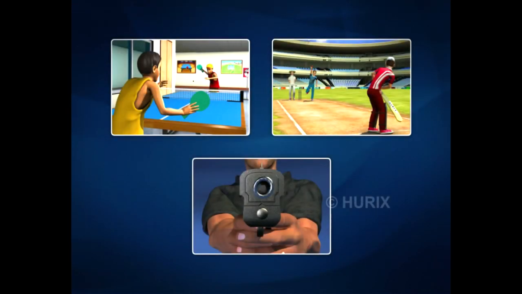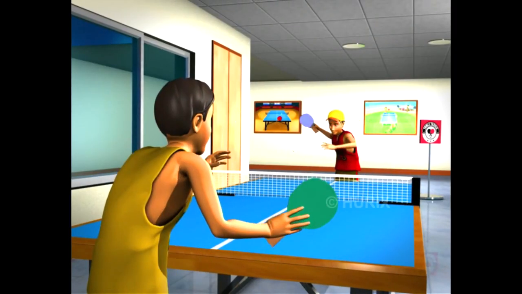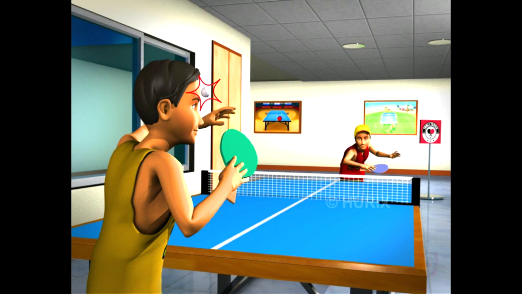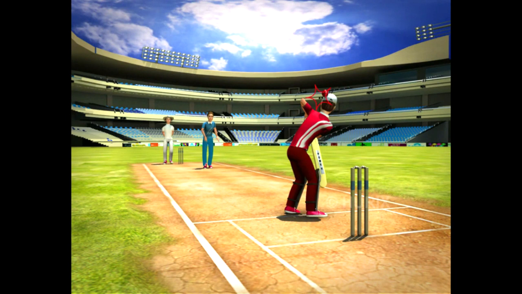Let's observe some real-life events to find answers. That table tennis ball hit a player, but the player is not badly hurt. However, cricketers wear special gear to protect themselves from injury from fast-moving cricket balls.